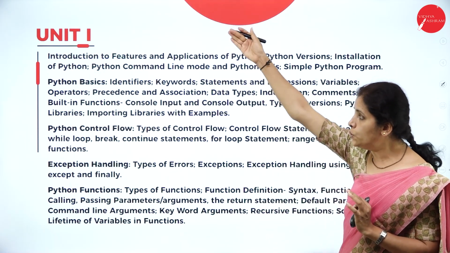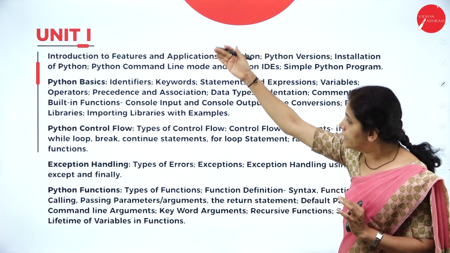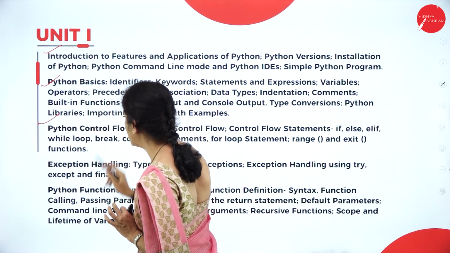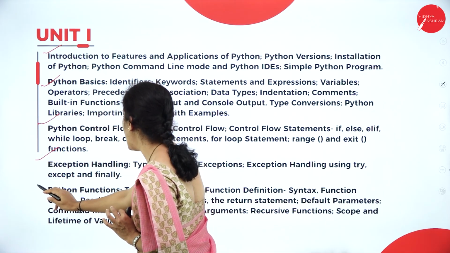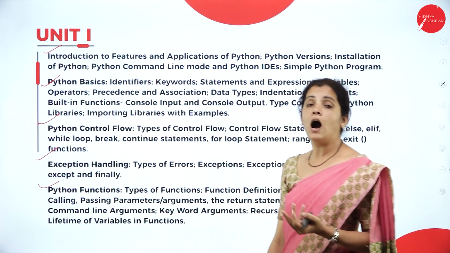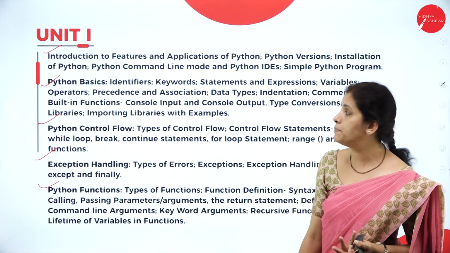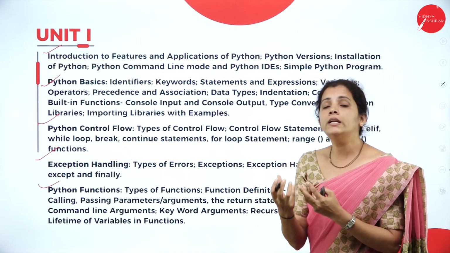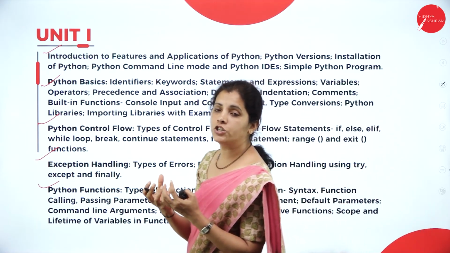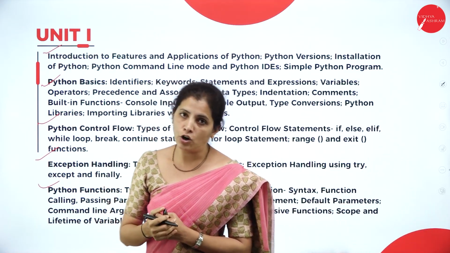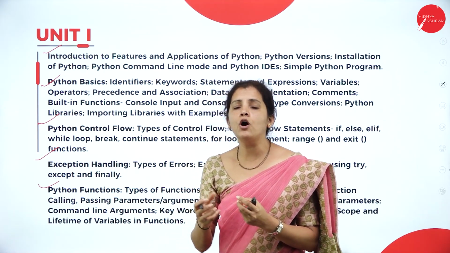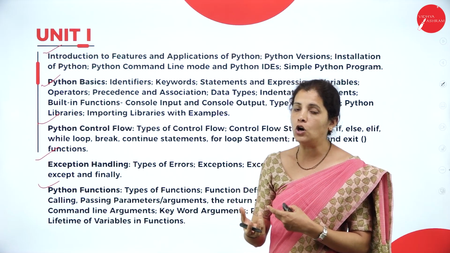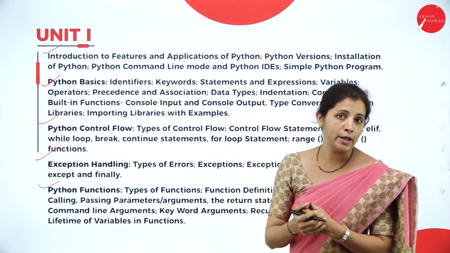See here, unit 1 includes the first chapter, second chapter, third chapter, fourth chapter, and fifth chapter. How many chapters? 5 chapters. And in my first chapter, I'm going to deal with only an introduction to Python programming. In the sense what? Applications, features, how to install Python, how to use Python.